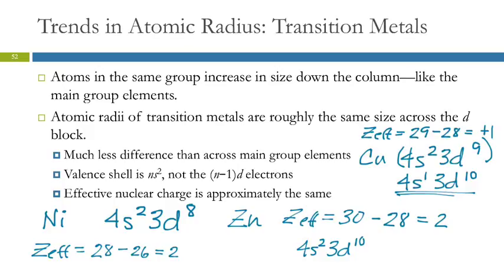Is it just copper? It's just copper and chromium that are weird. But as you go across, the effective nuclear charge is mostly the same. It's not like in the main group where it's increasing by 1 as you go across.